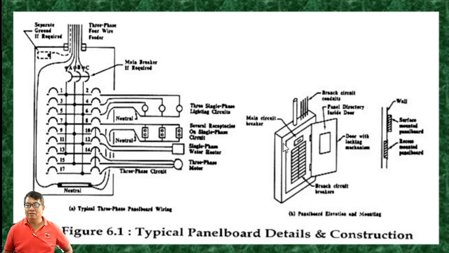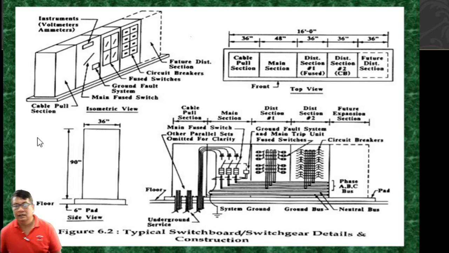Okay, so ito po yung panel board, yung metal enclosures. Ito po yung mga switchboard at saka switchgears. Dami dito sa loob. Okay, dito, it is a switchboard. Kaya ito po yung mga detalye dito sa loob ng mga panel.